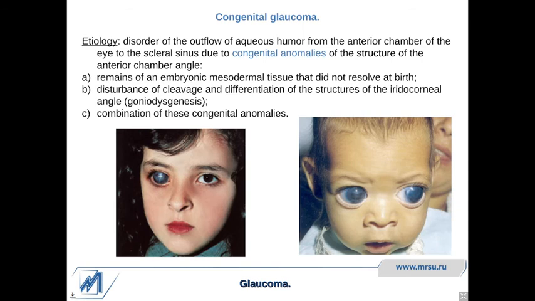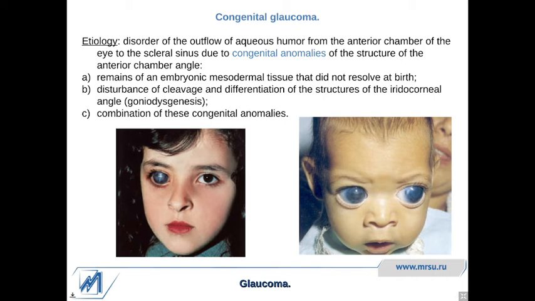Okay, congenital glaucoma. Congenital glaucoma is glaucoma of children up to 3 years old, which starts at these ages. About etiology, it's a disorder of outflow of aqueous humor from the anterior chamber of the eye to the scleral sinus due to congenital anomalies of the structure of the anterior chamber angle.